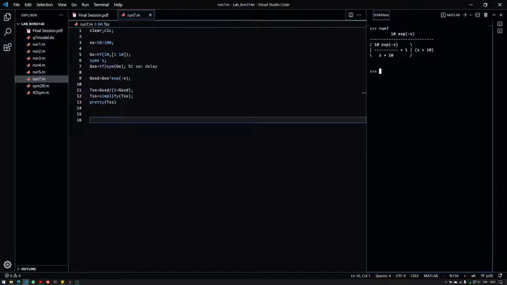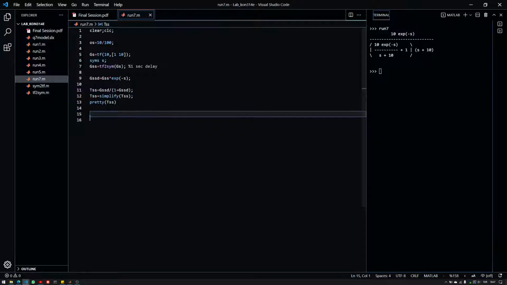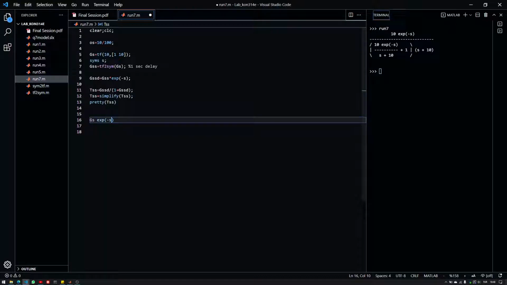Well, basically, yes. The way we can deal with this is by benefiting from a structure. If you choose the structure wisely, we can overcome this problem. The structure replicates the system model, let's say we have G(s) e to the power of minus s.